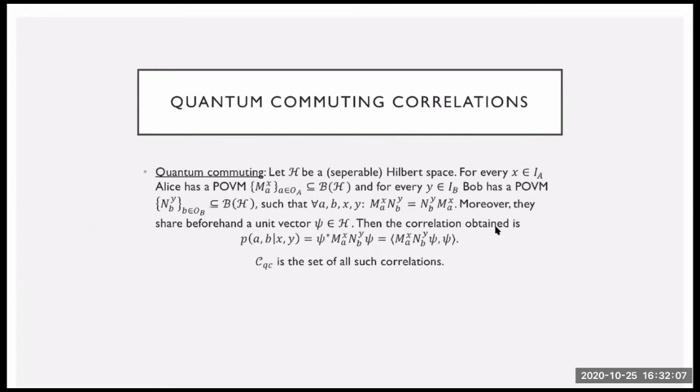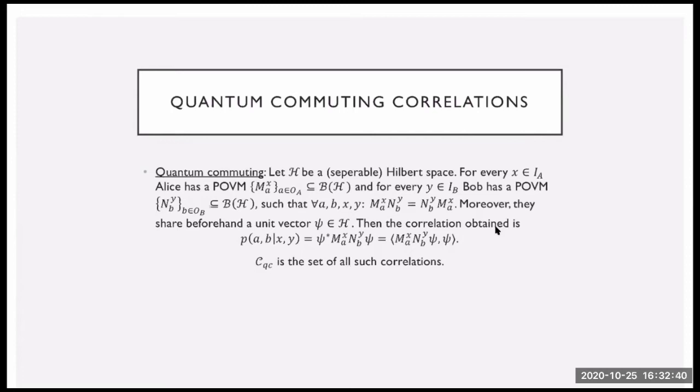Another way to model this, instead of thinking of two separate Hilbert spaces and tensoring them, is to think of a single Hilbert space, but ask that all the measurements commute. Every measurement of Alice and every measurement of Bob commute with one another. Then the fact that Alice is measuring things before Bob or vice versa doesn't affect the result. So the result is not affected by the order in which they conduct their experiments.